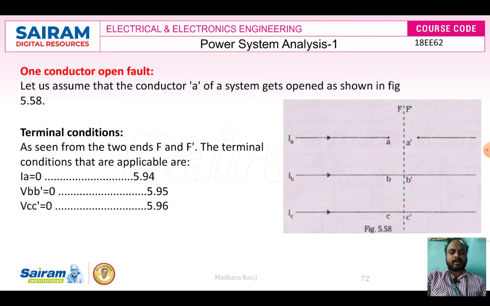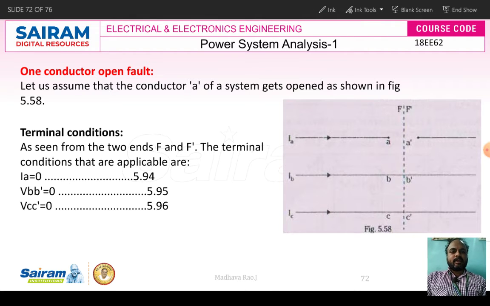One conductor is open. Here we can see the A conductor is broken, or open. A is one point and A dash is the other point, so an open conductor creates two points, A and A dash.